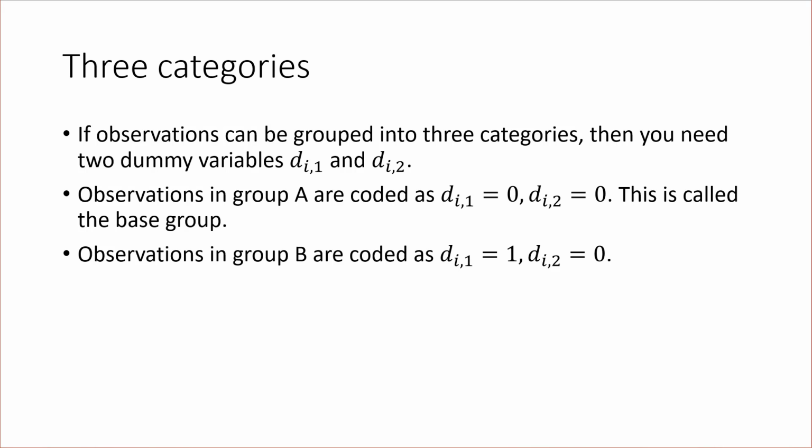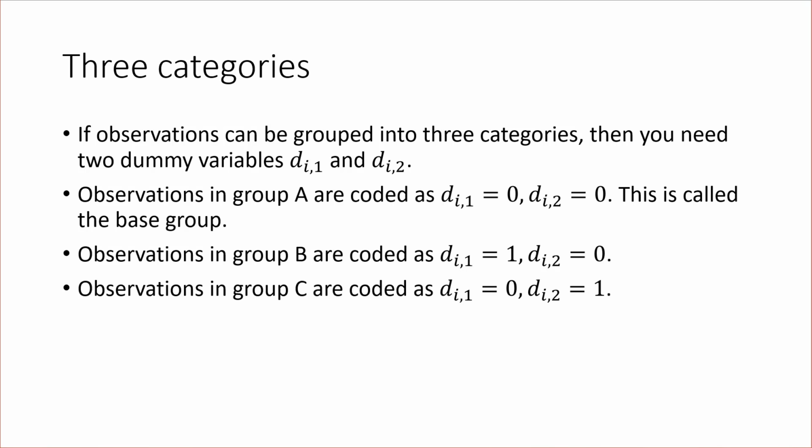The next group, Group B, then we code D1 to be 1 and D2 to be 0. And for Group C, we code D1 to be 0 and D2 to be 1. Note that no observation is coded with a 1 for both dummies. Only one of the dummies, or I should say at most one of the dummies, can be 1.